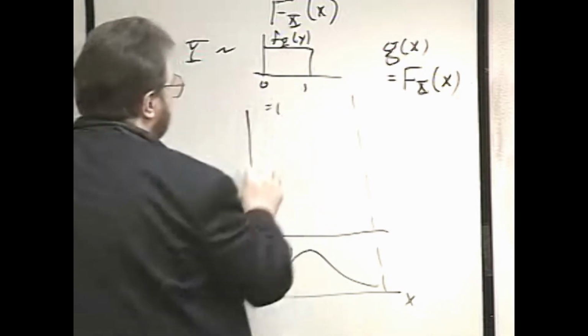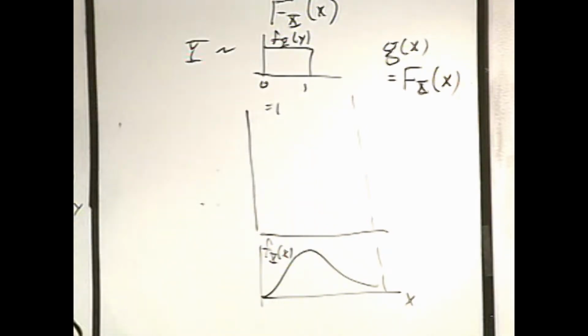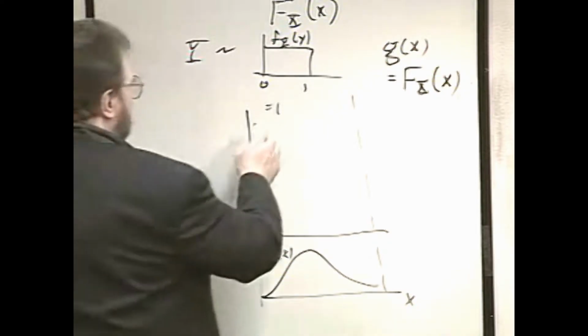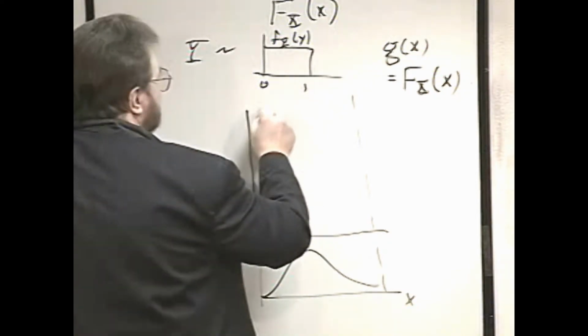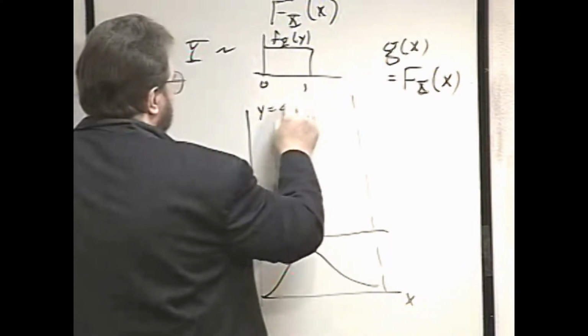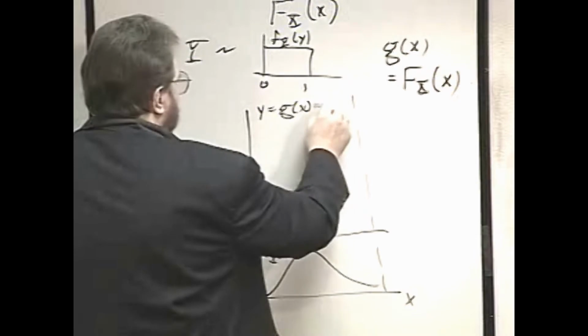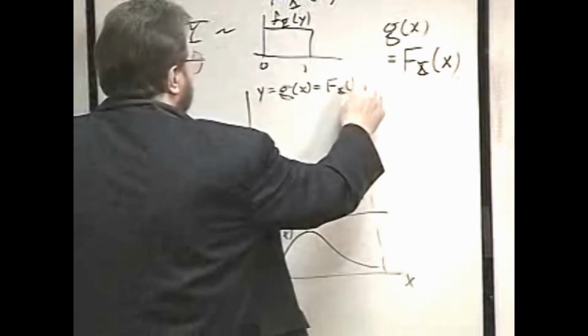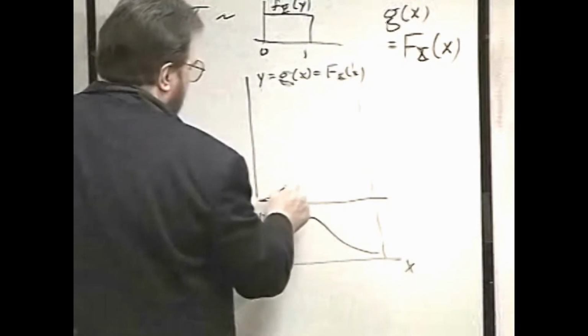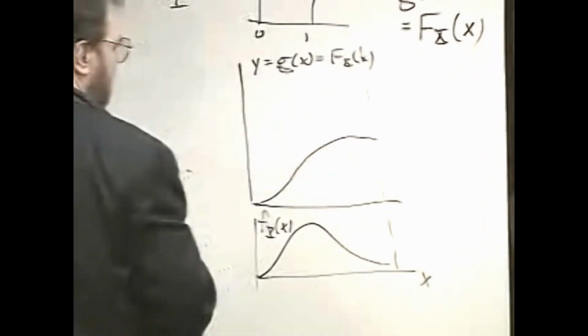By the way, somebody took me to task for calling this a nonlinearity. It can be linear. It's just in general that it isn't. But we're going to choose this as a nonlinearity of y equal to g of x, which is equal to f sub x of x, which is actually the cumulative sum of this thing integrated. So I don't know what it would look like, maybe something like this.